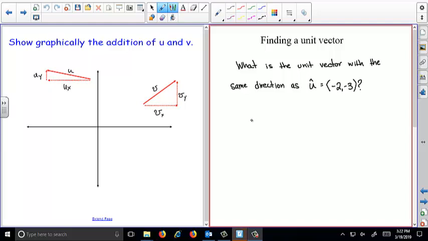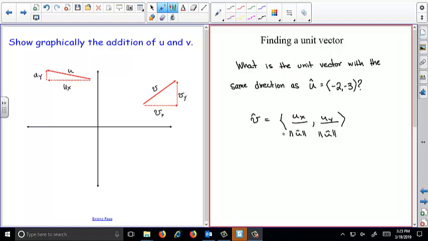So for the unit vector, you take the components of the vector, so you'll have the x component, which is -2, and you divide that by the magnitude of the vector u, and then you have the y component of vector u divided by the magnitude of vector u.